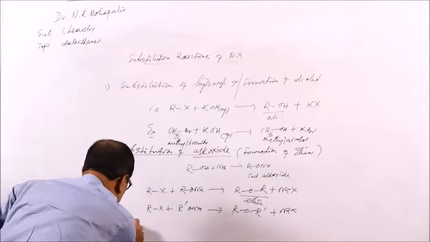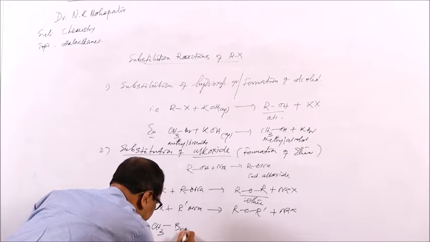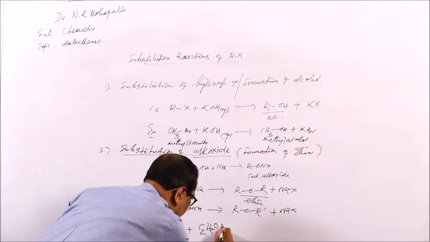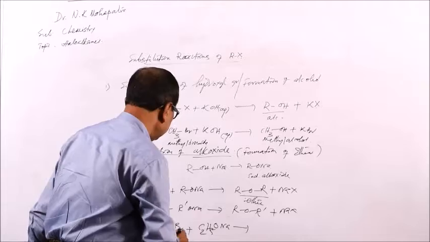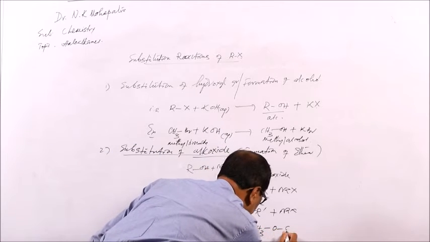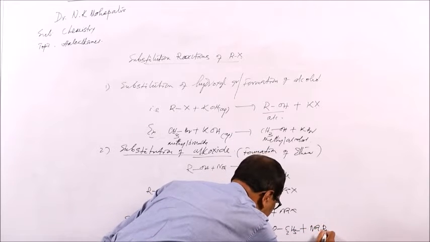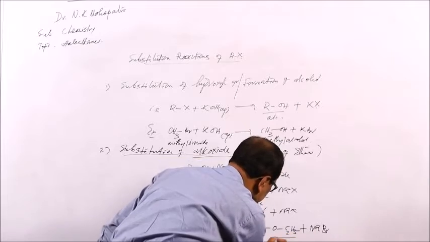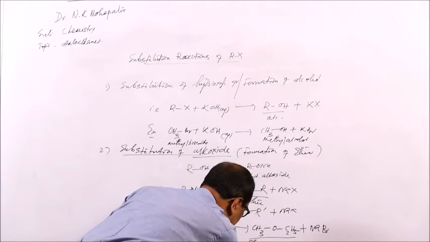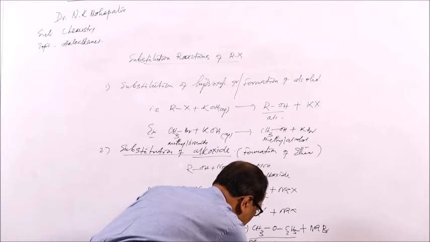For example, if you have CH3Br plus C2H5ONa, the product formed will be CH3OC2H5 plus NaBr. Now, this is our ethyl methyl ether.